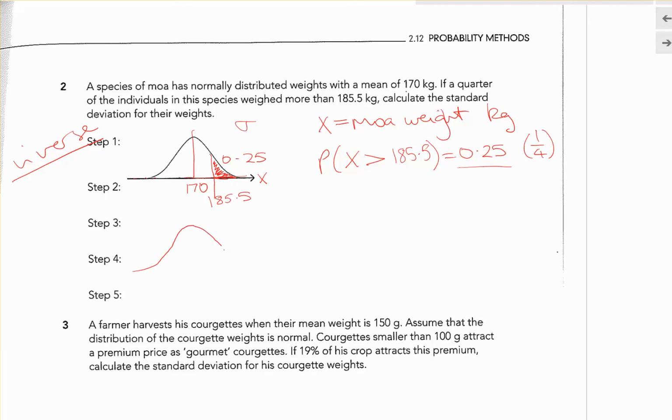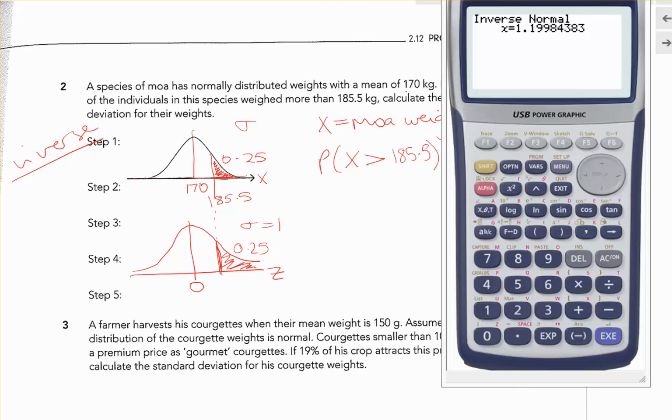I'm looking for the standard deviation, so therefore this is an inverse problem. And I know if I'm looking for a mean or a standard deviation, I am going to have to use the standard normal distribution with a mean of 0 and a standard deviation of 1. Following down below, on this z-curve, we need to know what value on the z-curve gives me 0.25.